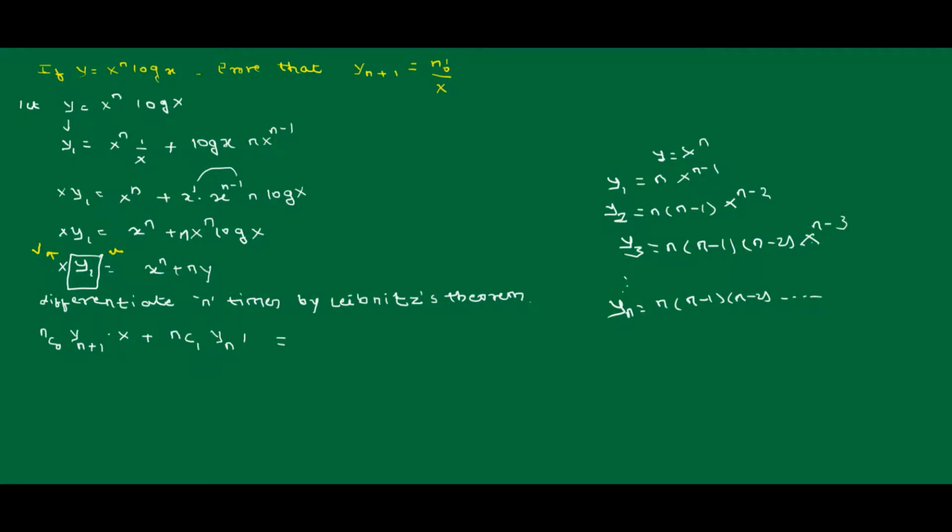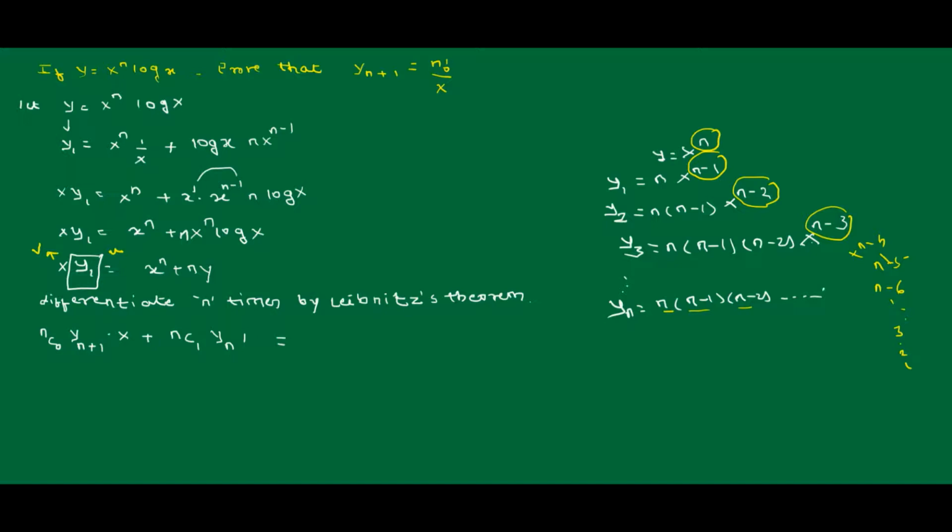Now you can see the power of x. Here the power of x is n, here the power of x is n minus 1, here the power of x is n minus 2, n minus 3, so that x raised to n minus 4, then n minus 5, n minus 6 goes on decreasing. At last somewhere you will get 3, and then 2, and then this 1. Similarly, this n minus 1, n minus 2, similarly it ends with 1.